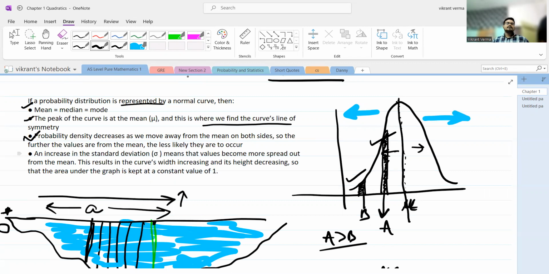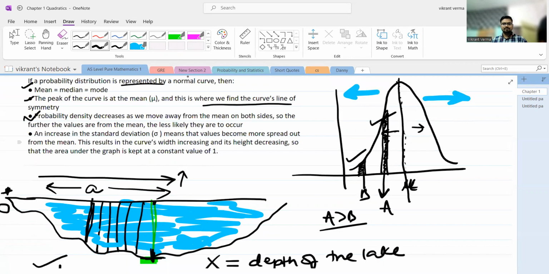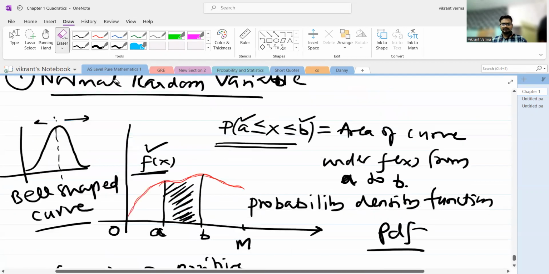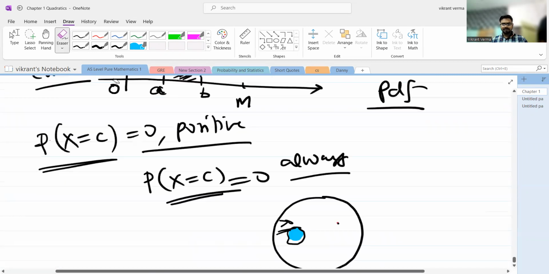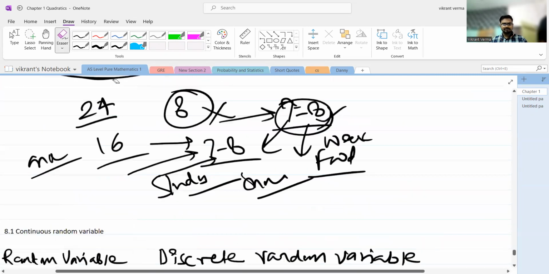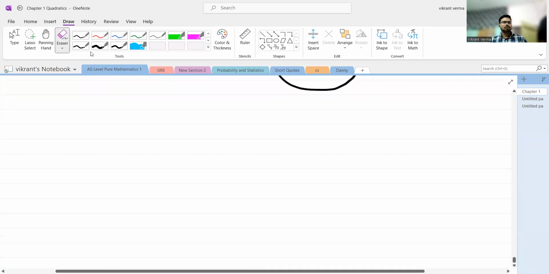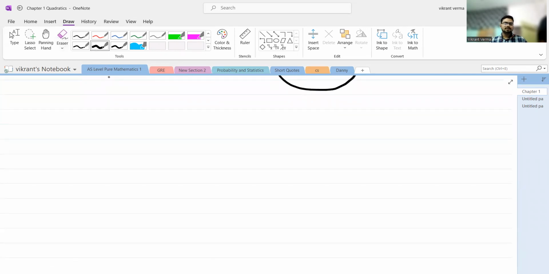Similarly, an increase in the standard deviation sigma means that the values become more spread out from the mean. So let me draw two curves that have the same mean but differ in their standard deviation.